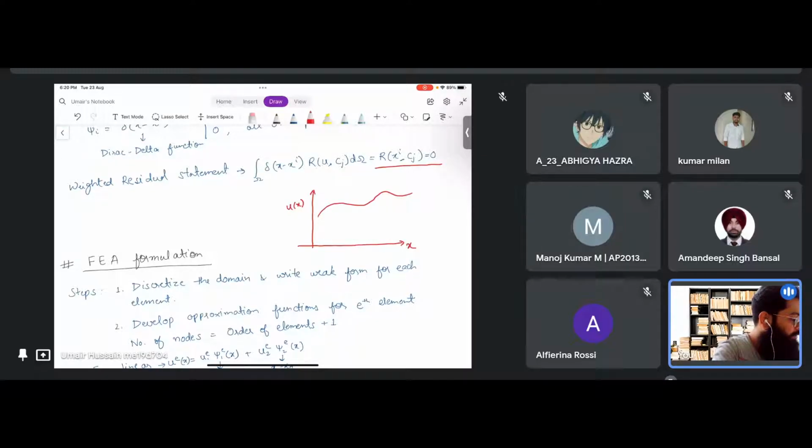In other methods, we take some random polynomial and try to approximate this with that random polynomial. We call it an approximation, Un. But in FEM what we do is we discretize.